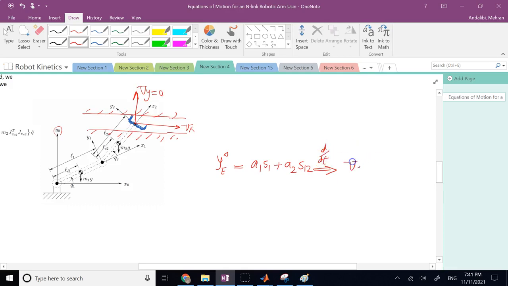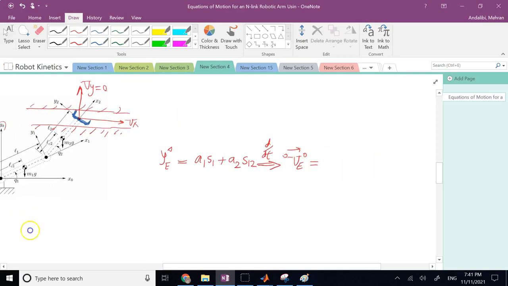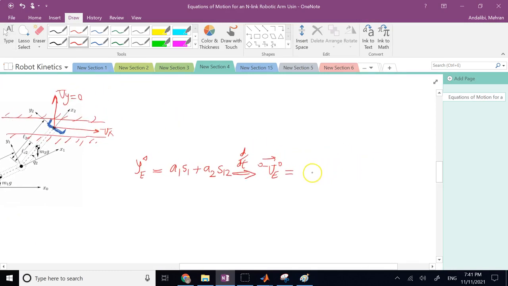then v of the end effector, written in base, is going to be equal to a1 c1 q1 dot plus a2 c12 times q1 dot plus q2 dot.